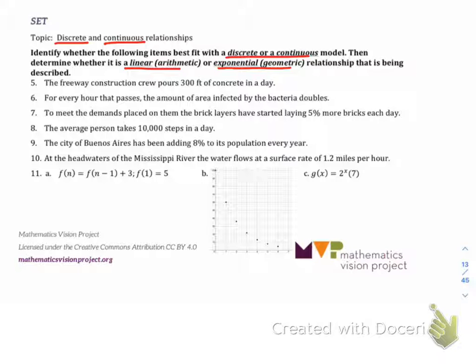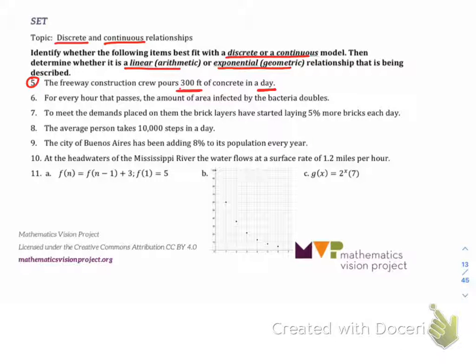If I talk about question number 5, the freeway construction crew pours 300 feet of concrete in a day. So here we're talking about days, and we're talking about 300 feet of concrete.